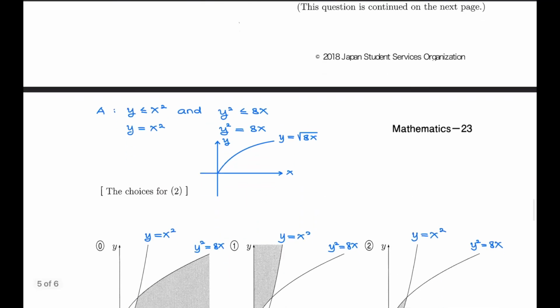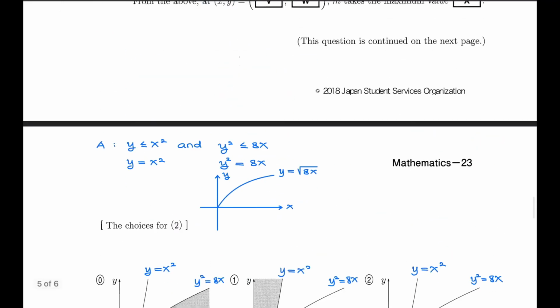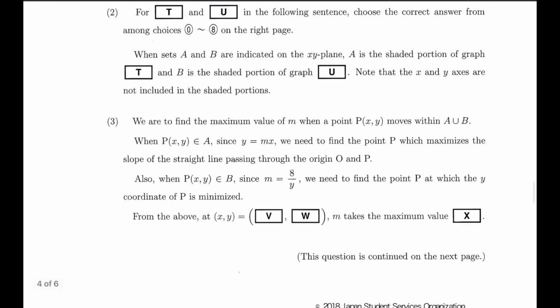So I think the correct answer for A is 0. This is A. So the correct answer for letter T is 0.